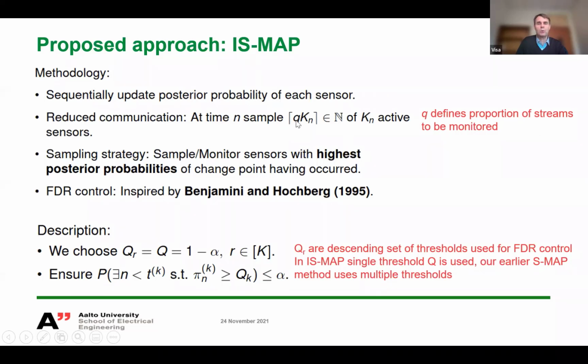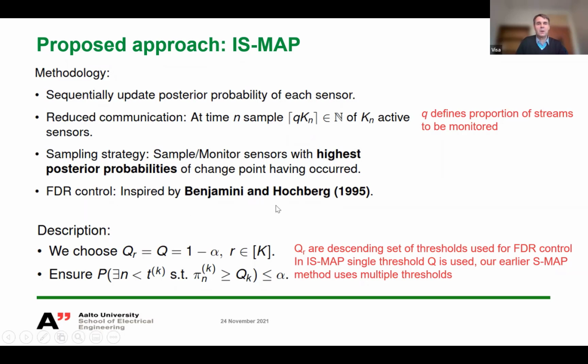This small q denotes the proportion of how many sensors out of these K sensors are monitored. Every time you update these formulas, you choose the subset of sensors that have the highest posterior probabilities of a change point having occurred.